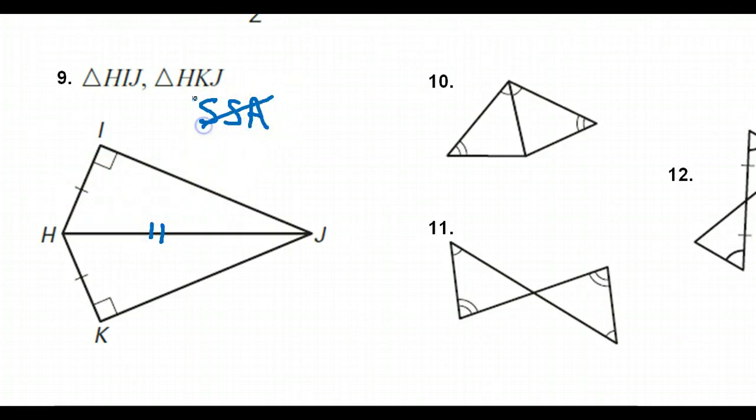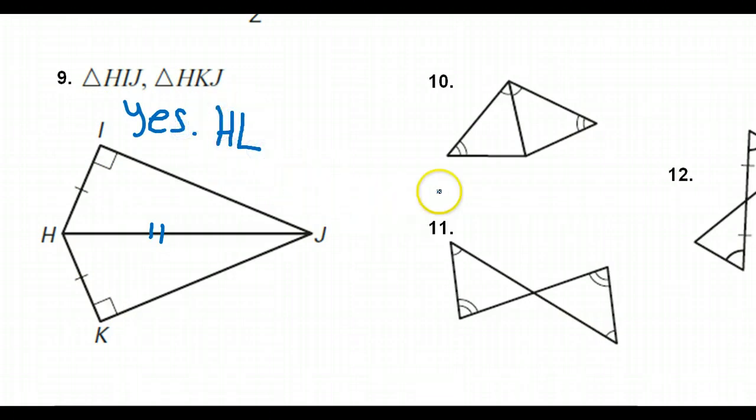But of course that doesn't work. But it is a right triangle. Is this a hypotenuse leg situation? Is this hypotenuse leg? Yes, it is. This double side right here happens to be the hypotenuse, and of course these are the legs. So for number 9, we could say yes because of hypotenuse leg.